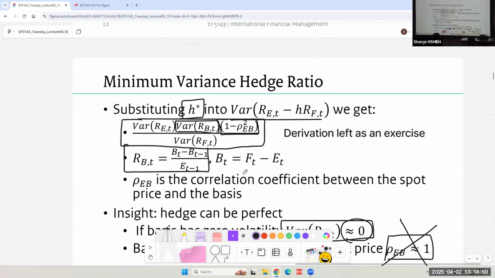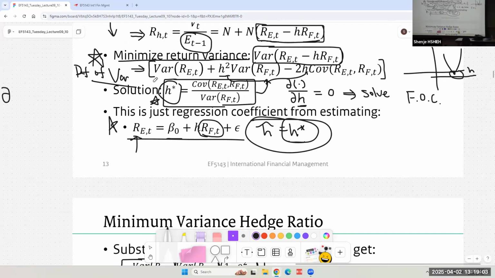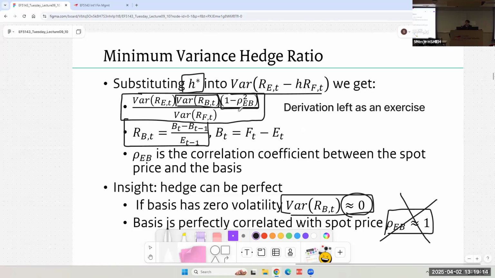If that's the case, then I can plug H star back into the variance objective function that I'm trying to minimize. I now conclude that I should look for forward and futures contracts in which there are two features that could help me.